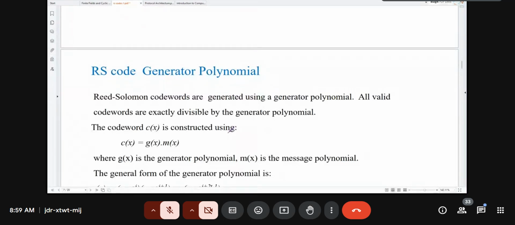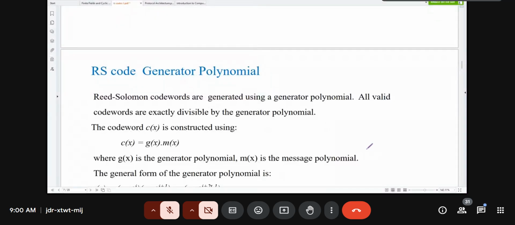So the Reed-Solomon code words are generated using a generator polynomial, just like in all other BCH codes. So our main work is just to find out exactly how we construct our generator polynomial.